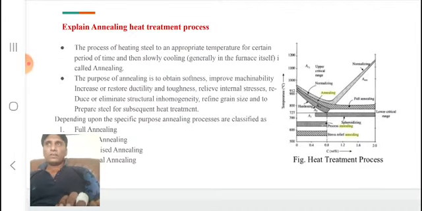So in order to avoid failure during the service conditions, the steel should undergo a heat treatment process, and one of the heat treatment processes adopted on this steel is annealing. So annealing is a process of heating the steel to the austenitic region and then slowly cooling in the furnace in order to restore ductility and toughness and relieve the internal stresses.